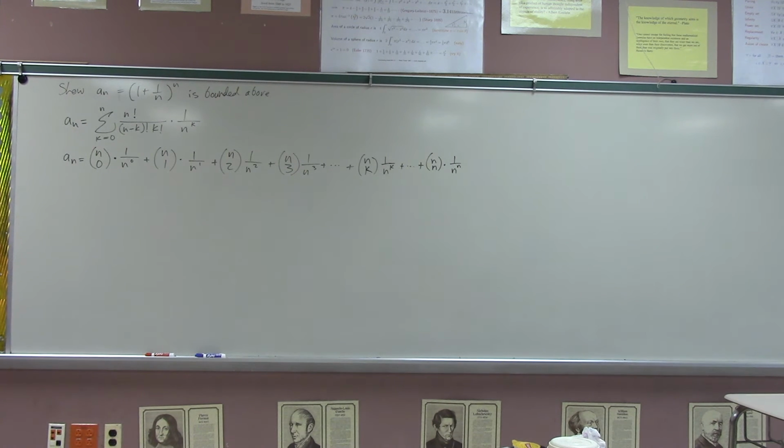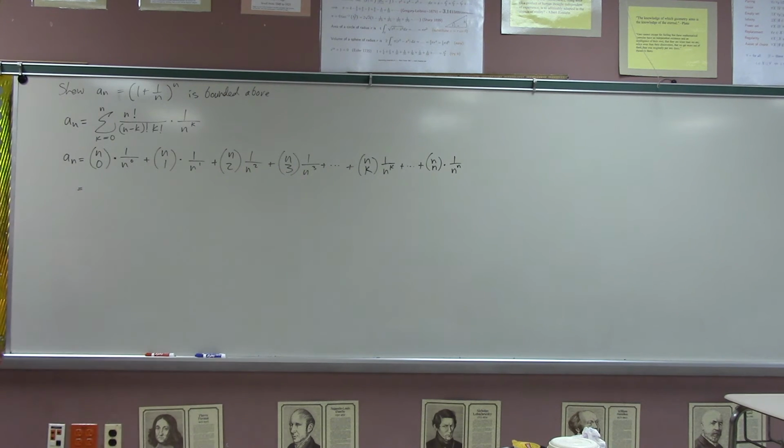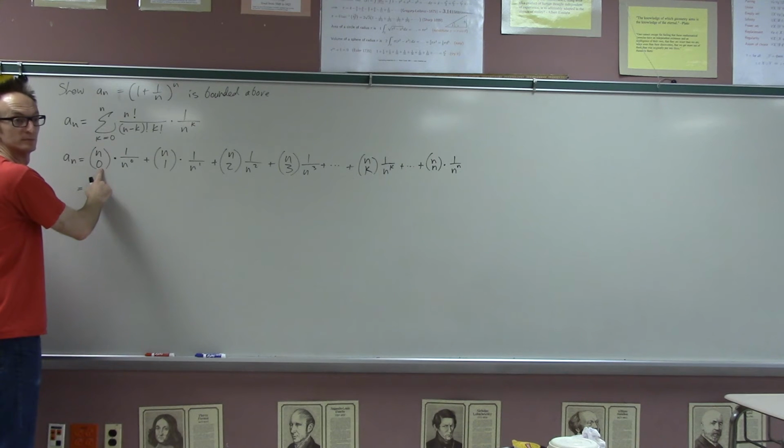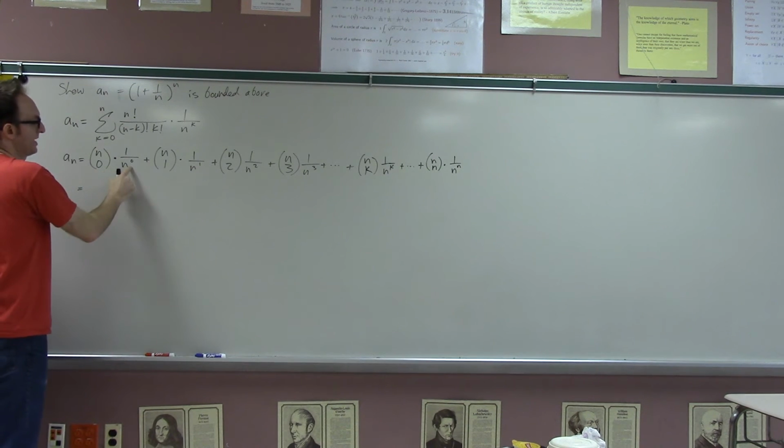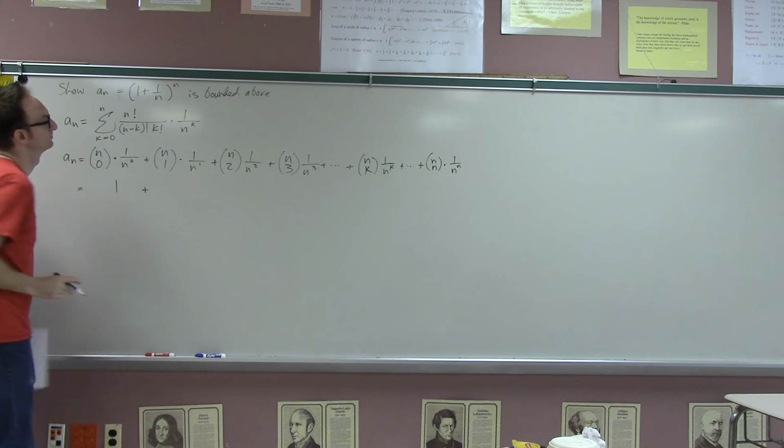Cool. Now, what I'm going to do is just expand those binomial coefficients out a little bit more, kind of like how I did before. So, let's see. Well, what is n choose 0? It's just 1, and n to the 0 is also just 1. So this first term is just 1. Okay, that's cool.